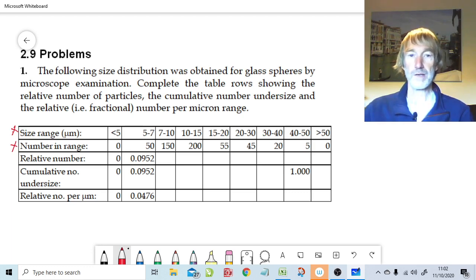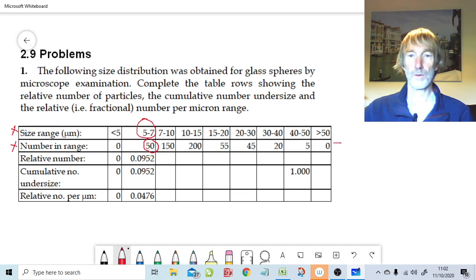So just a recap of what we're looking at the moment. Take the example of the size range 5 to 7 microns. In that size range we have 50 particles. So what's the relative number? Well, the first thing we need to do is to add up all our particles, and there's 50 there, that makes 200, that makes 400, 455, 500, 525.